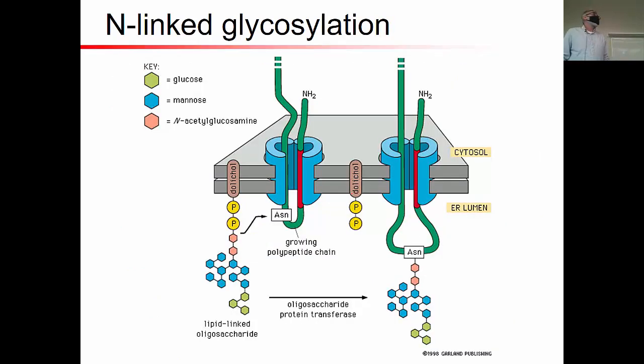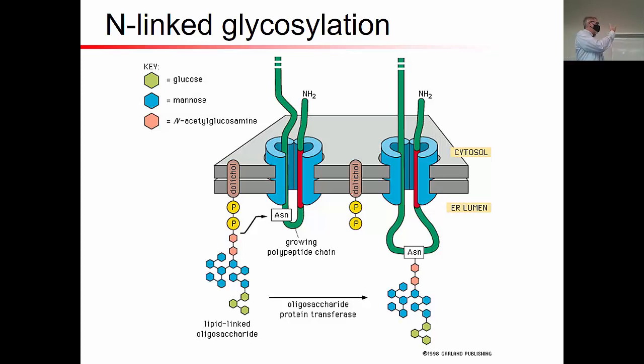We learned as well that that sugar, it's the whole block of 14 building blocks that's added. And so this is showing it. Dolichol is a lipid on which it's built and it's attached to that. That's a component of the membrane of the ER lumen.